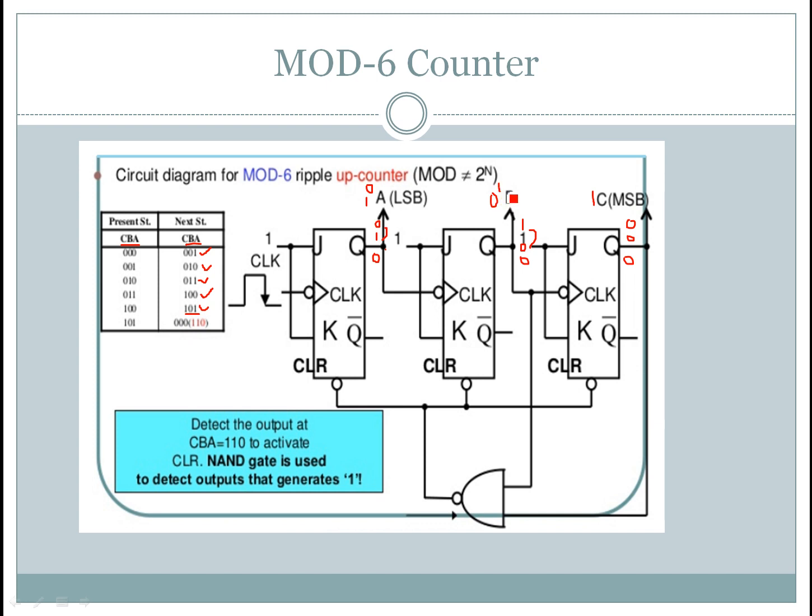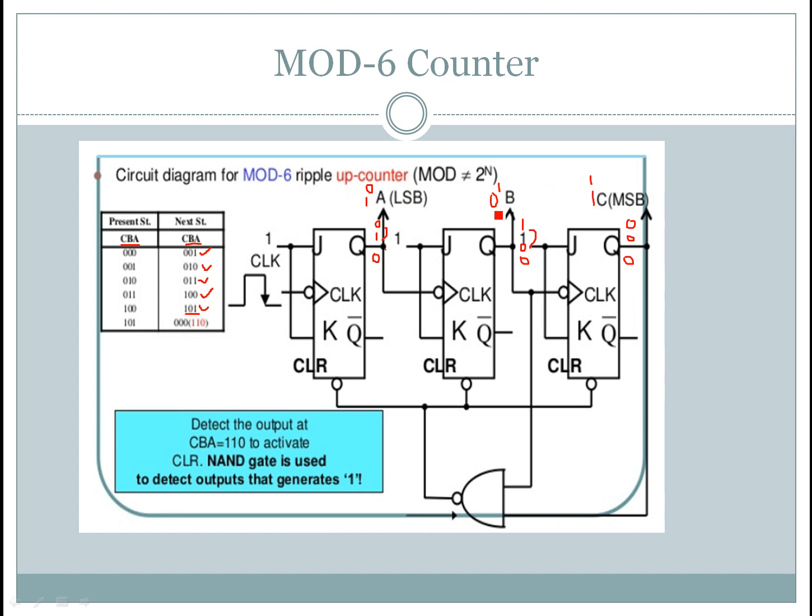Again 0 to 1 is not a negative edge, it's a positive edge, hence the third flip-flop will not change its state, it retains its previous value, that is 1. So now the count value is 110.